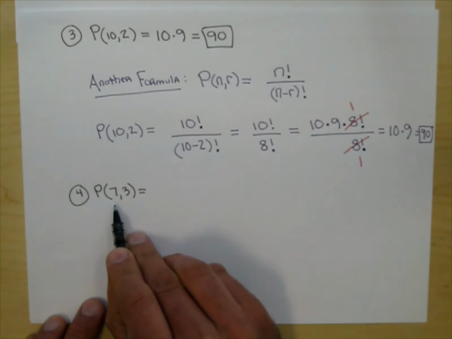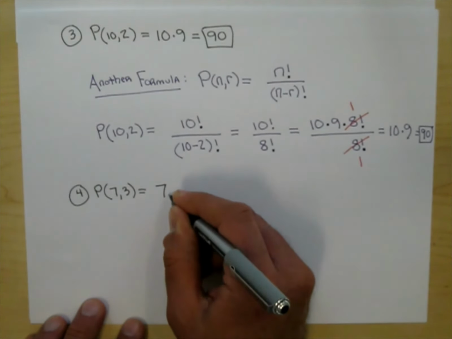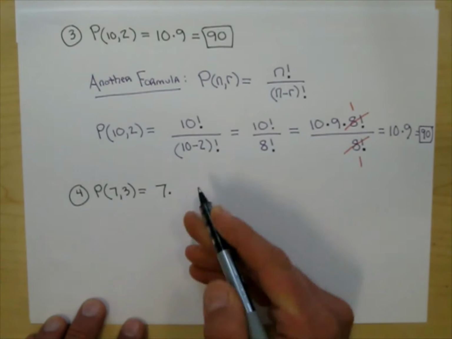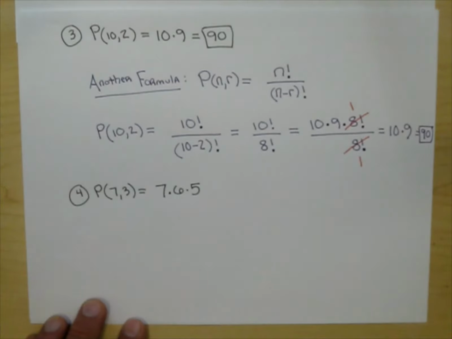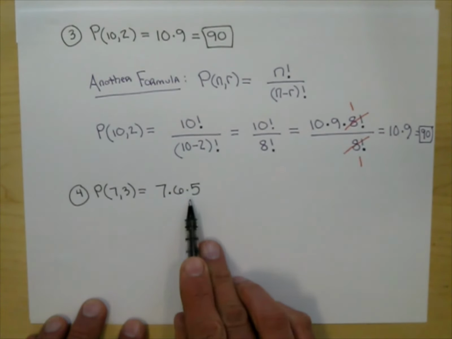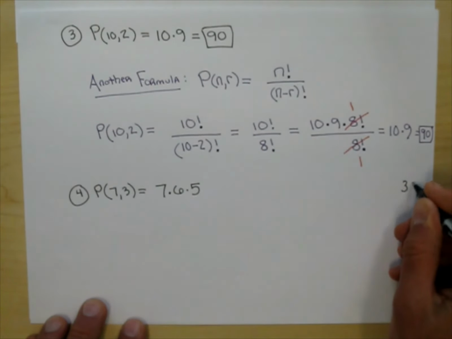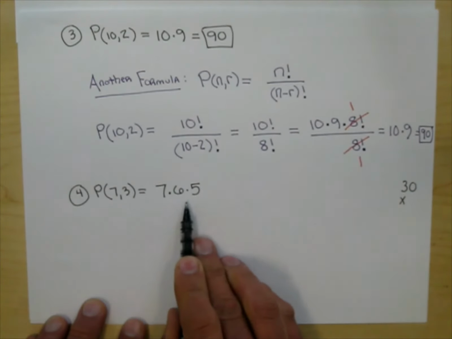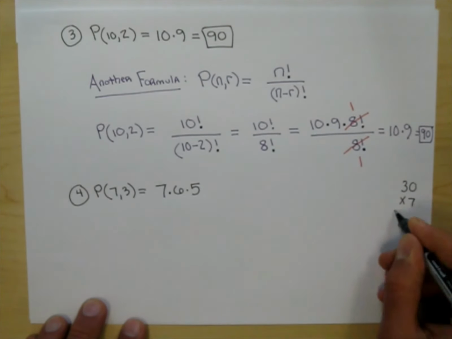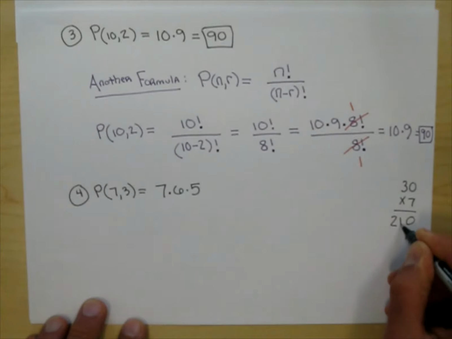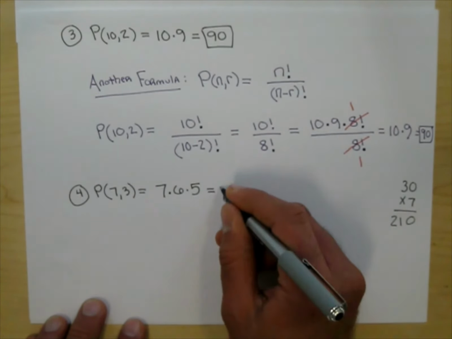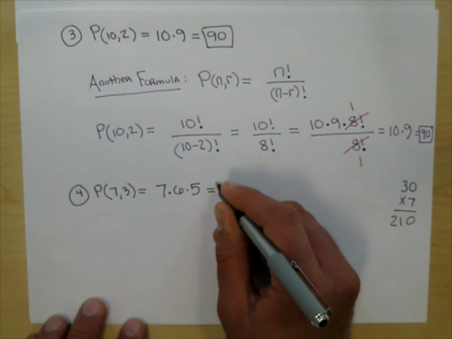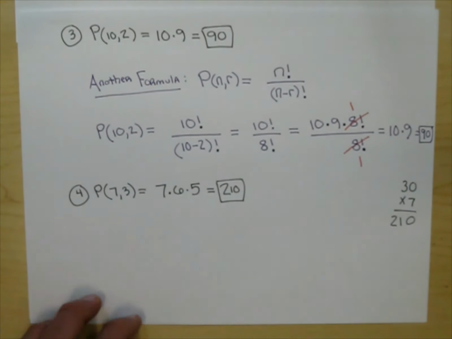So my countdown starts at 7, and it has 3 numbers in the countdown. 6, 5. 6 times 5 is 30, and then 30 times 7 looks like it's 210. So there it is.